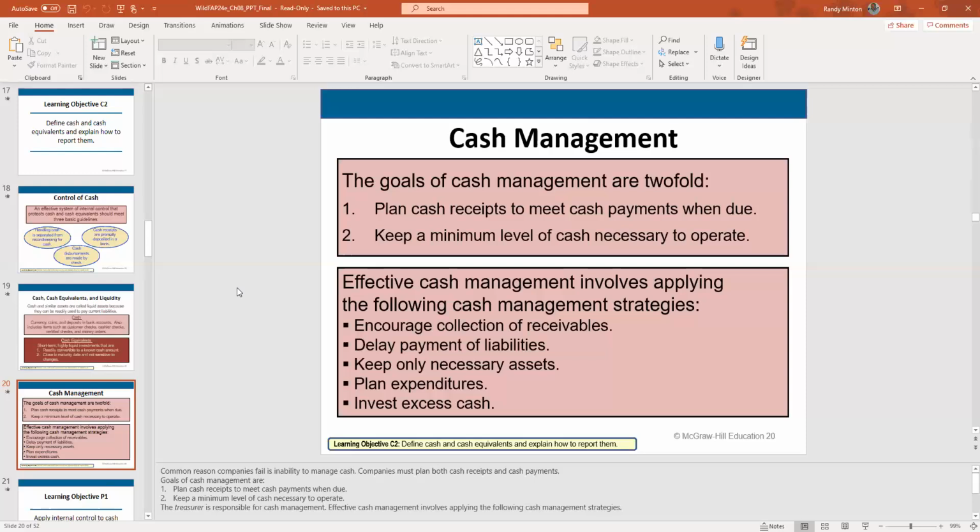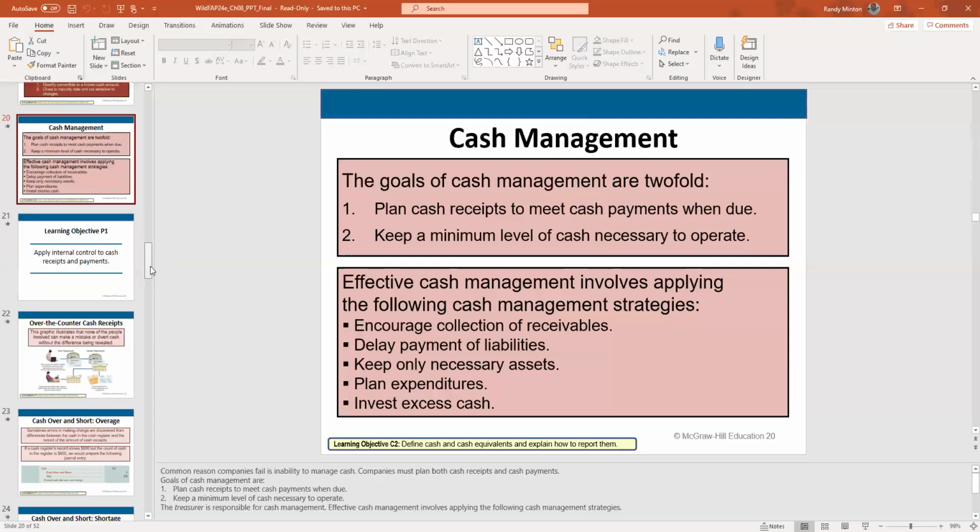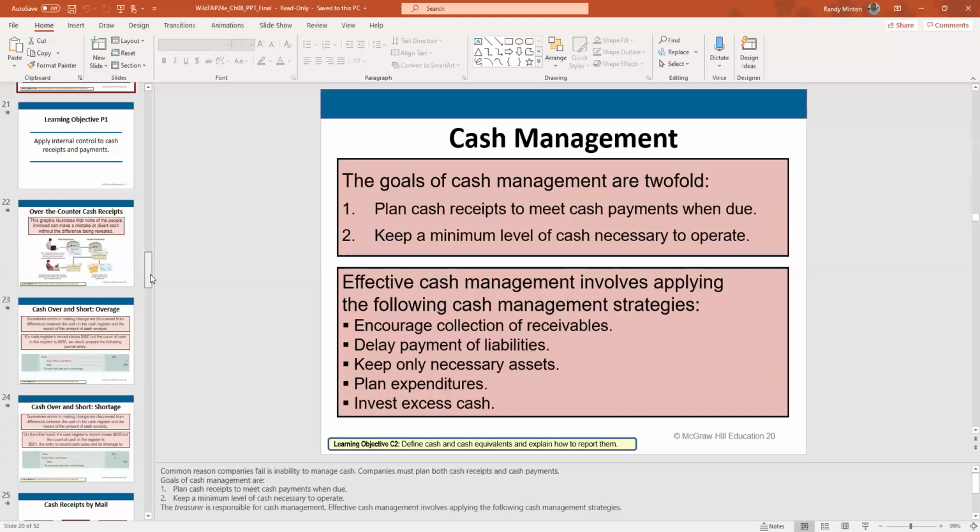So theoretically, assuming that everybody has a direct deposit account, at the end of the day, there's nothing left in that payroll account. It's all been used up. Okay. And again, for the same reason, we don't want to leave any excess cash there, no matter what its purpose.